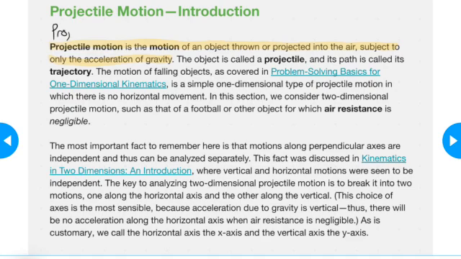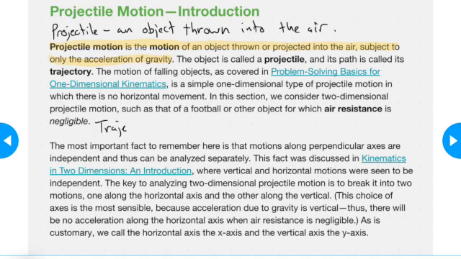So projectile is an object thrown into the air. You can say launched into the air or thrown in the air, however you want to get it there. Whatever is in the air is a projectile.